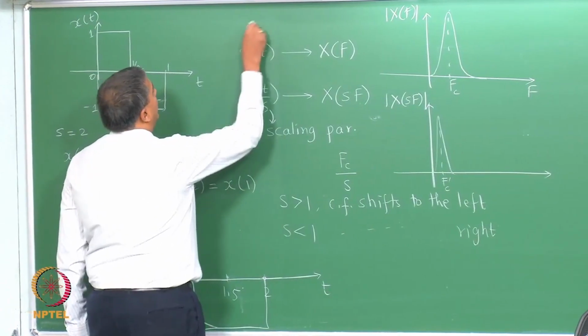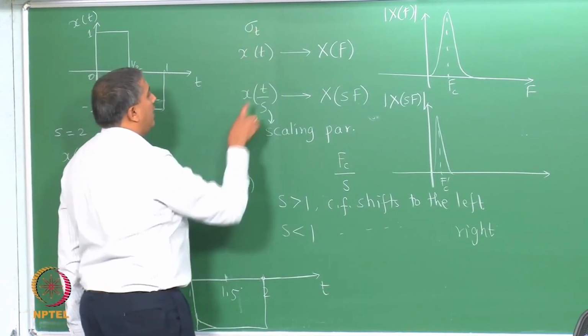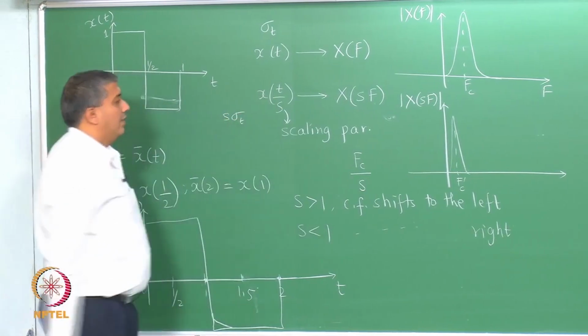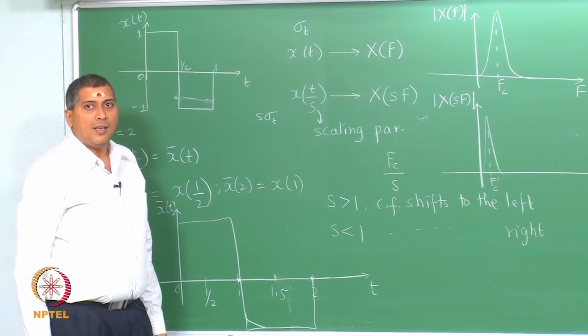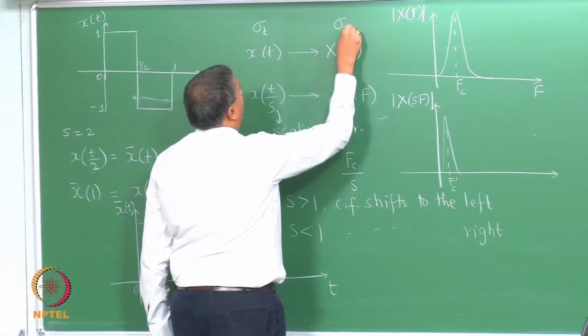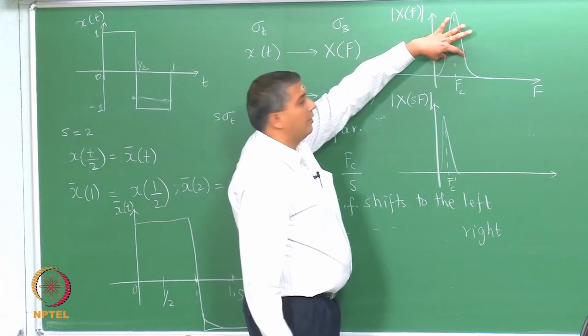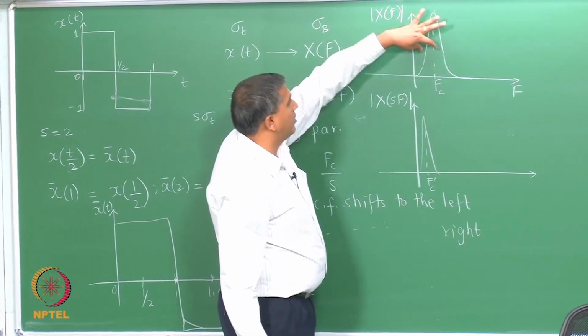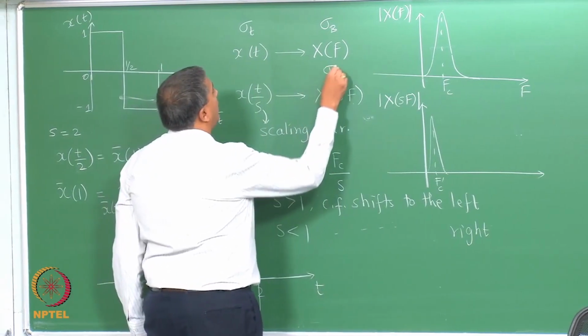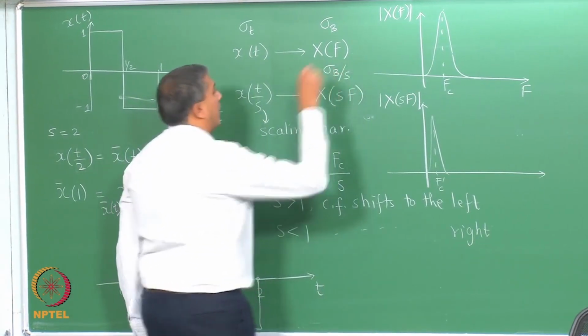So, if sigma t is the duration of x of t, then x of t over s has a duration of s times sigma t. And the bandwidth here, suppose X of f has a bandwidth which is a measure of the spread of this, it is not this exactly, but it is a measure of the spread, then the bandwidth of this is going to be sigma b over s.